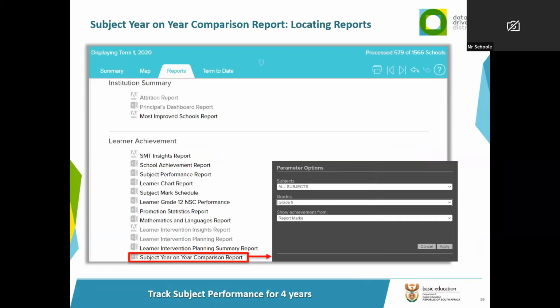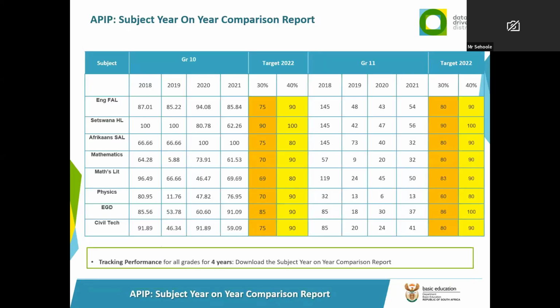That means I was able to say, last year we performed at this particular percentage. And even this subject in grade 8 performed at these particular percentages, in grades 10, 11, and 12. So I was able to zoom in on that and get that comparison report. At the end of the day, I was able to develop this subject year-on-year performance.